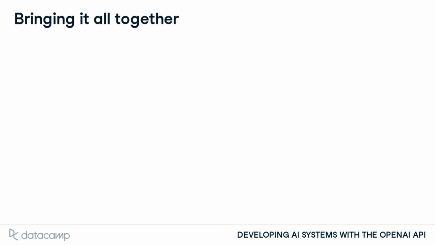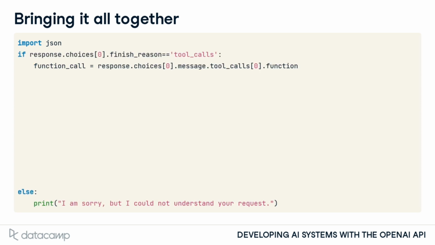We need to include some handling of the response before calling the APIs. First, we import the JSON library that we'll use to convert the response to a dictionary. We then want to check that there was a call using the function in tools. To do this, we check that finish reason in response choices equals tool calls.